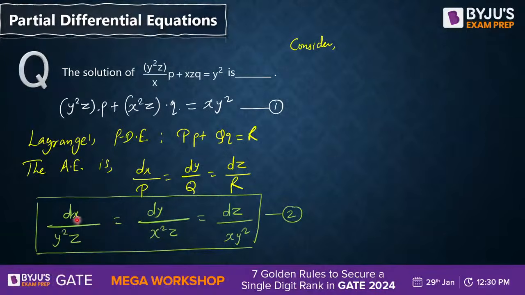So I am considering first and second, y square z p, x square z q, and x y square on the right hand side. Great.